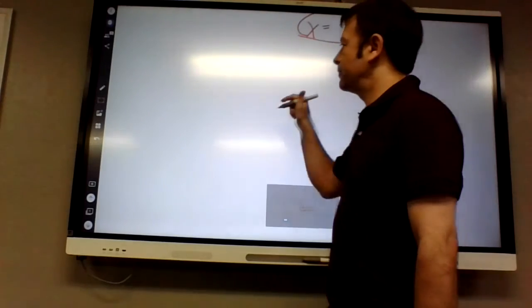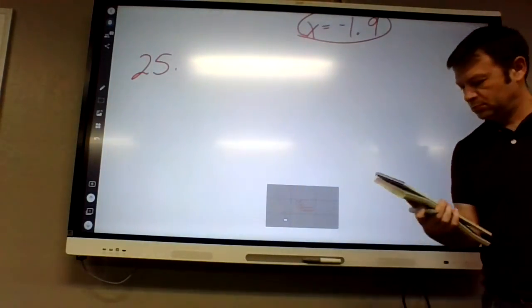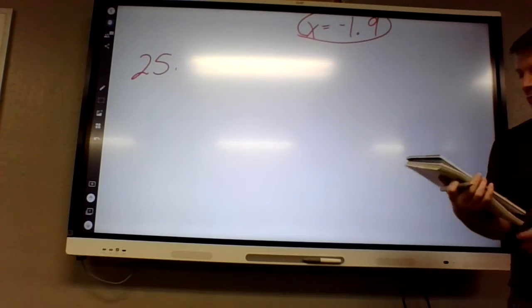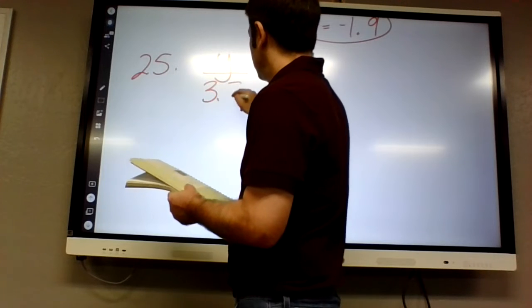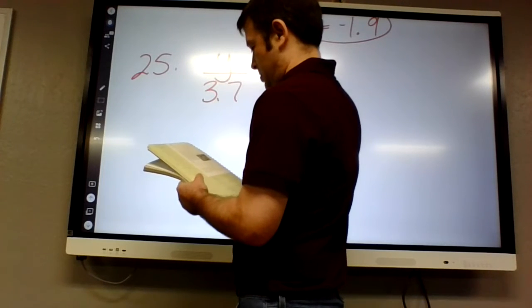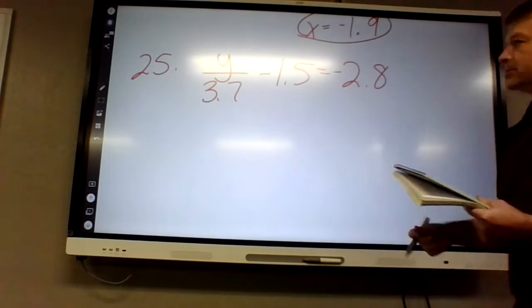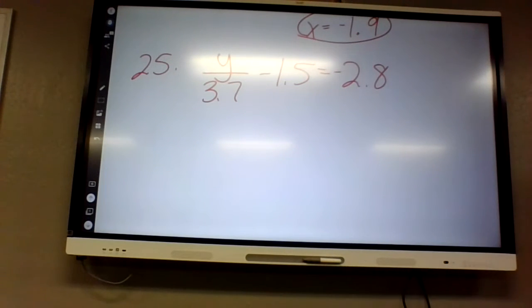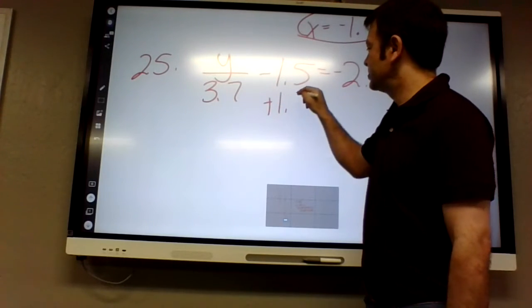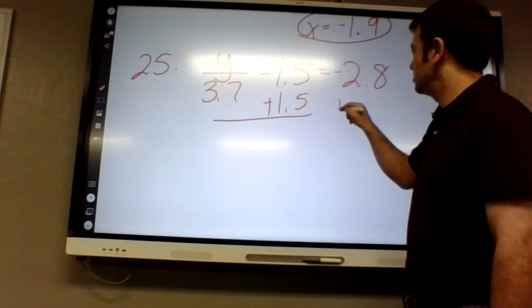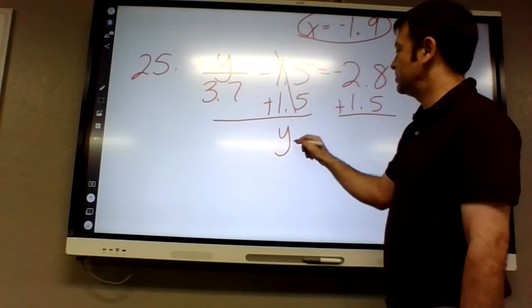25. Okay, y divided by 3.7 minus 1.8. What should we do first, Corey? Add 1.5. So that's gone.